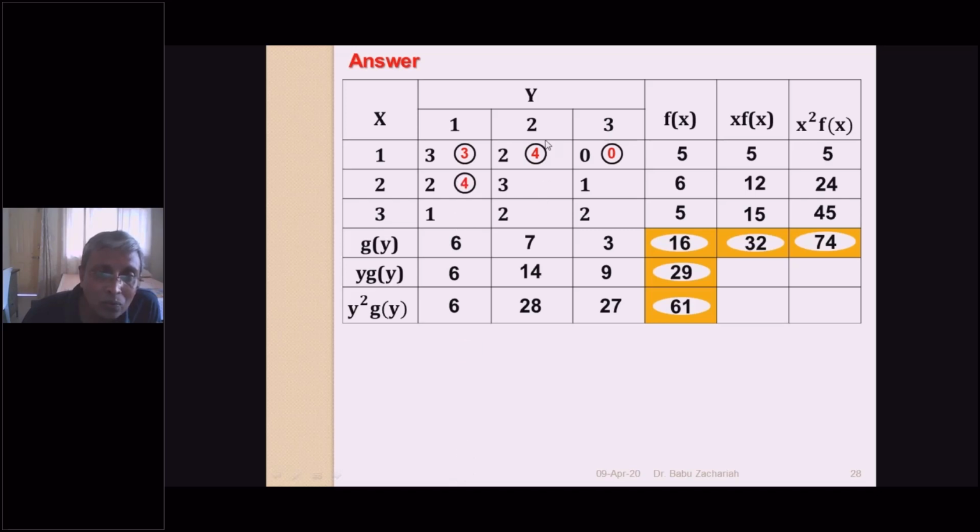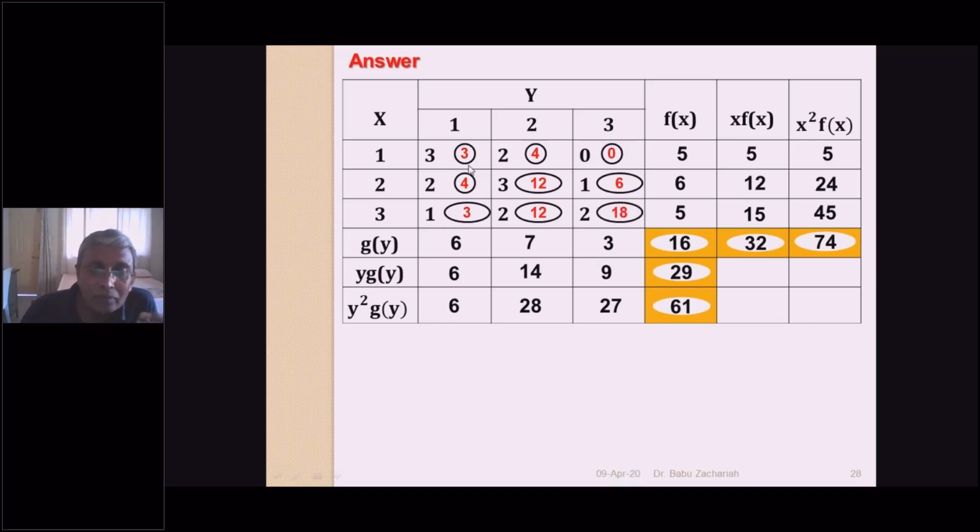Here 2 into 2 into 3. Here 3 into 2 into 1. Here 3 into 1 into 1. Here 3 into 2 into 2. Here 3 into 3, 9 into 2, 18.